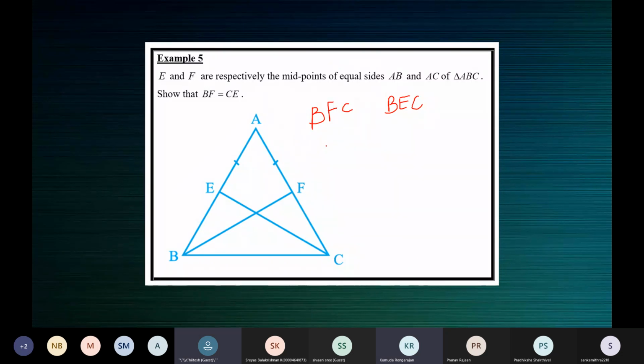BFC, which is the triangle BFC? This one. And BEC is this one.